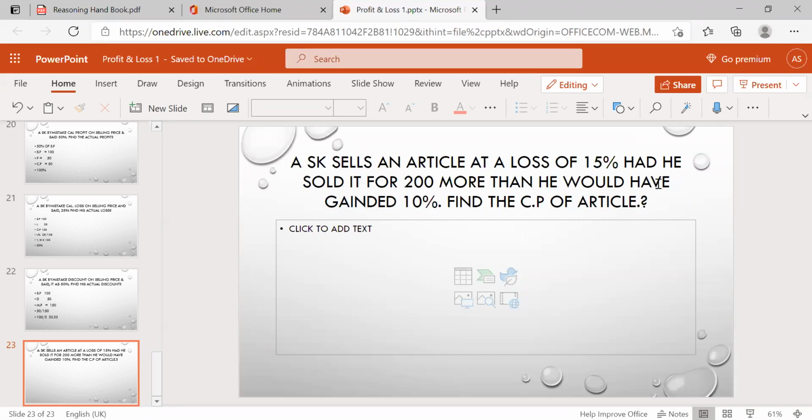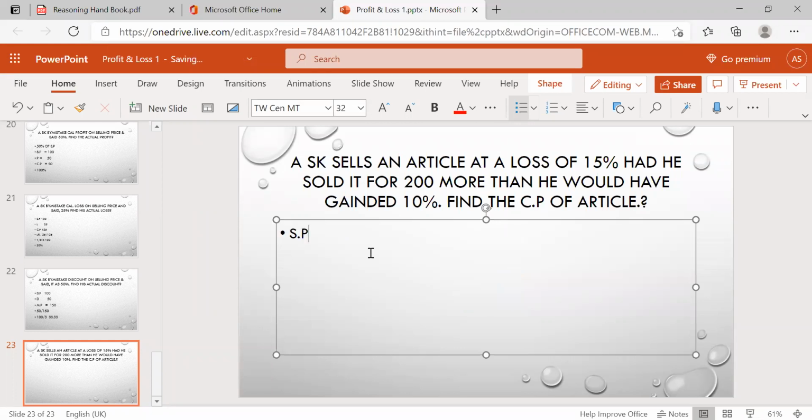Is it clear? See, I'll say here. The question is lengthy, but its answer is very simple. First he sold at one price, selling price 1, which is 85% of cost price.